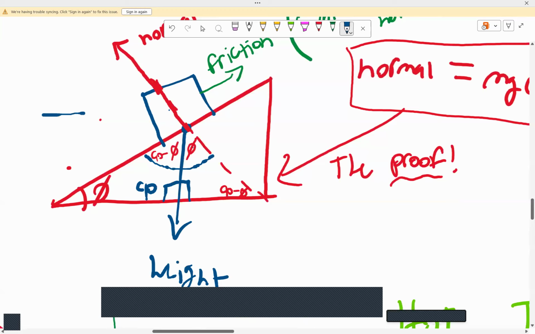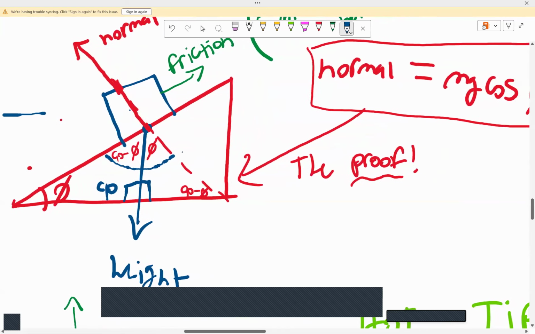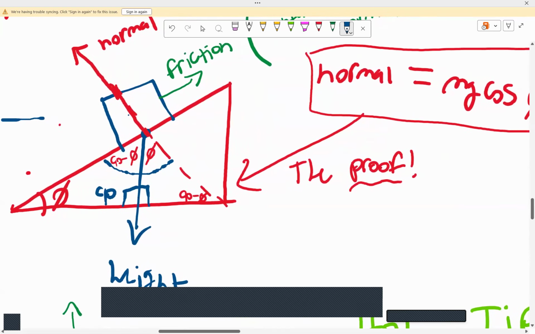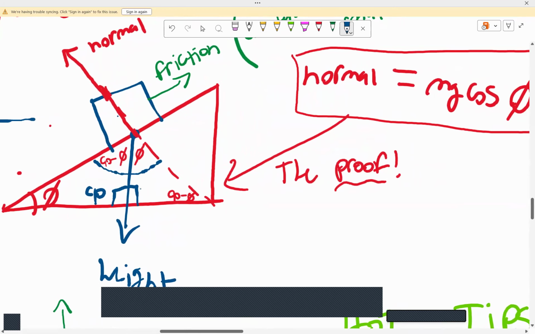So then you have your theta, which will be, because you're using your adjacent line, cosine. So it's mg cosine theta, because you're still using the weight force, right? That's kind of the basis of everything, the weight force, because remember normal force can be a force pair.